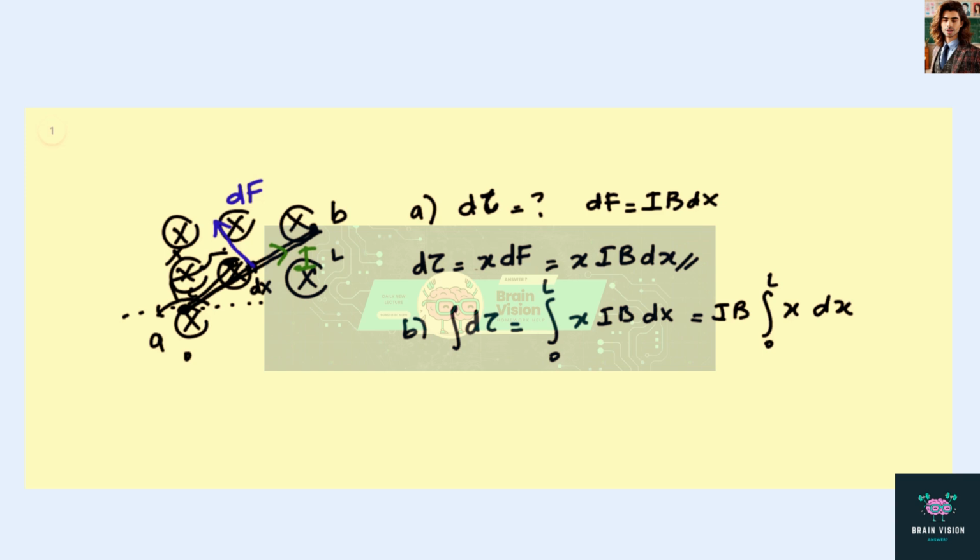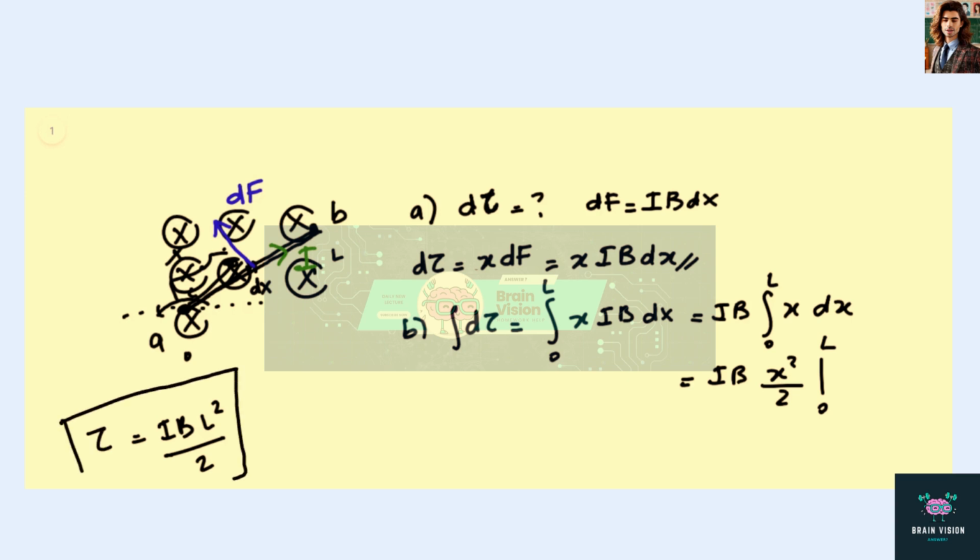As you know, the integral of x dx is x squared over 2 from 0 to L. Now, when we apply the boundaries, I B L squared over 2 minus 0 gives us the torque. And this torque is counterclockwise, from the right-hand rule again.